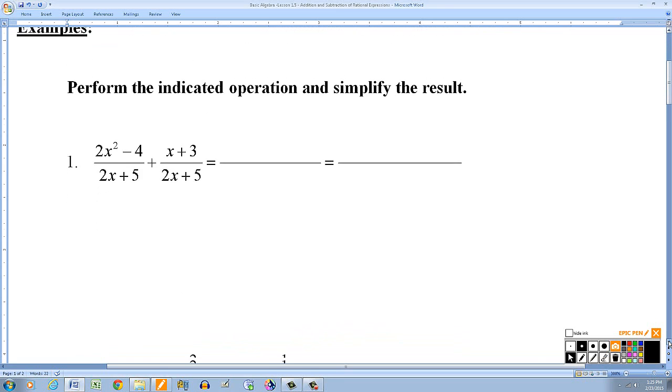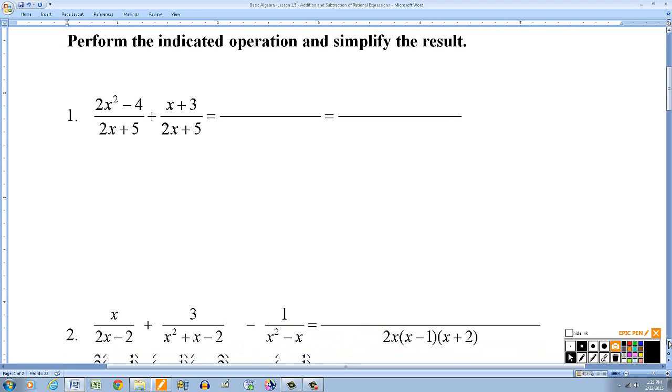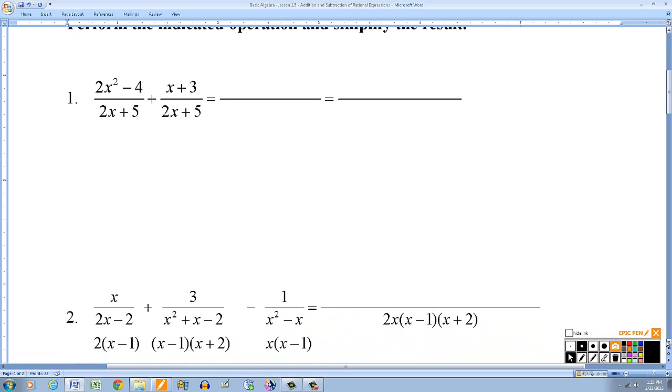And the next one, we have the rational expression x over 2x minus 2, plus 3 over x squared plus x minus 2, minus 1 over x squared minus x. So again, in order to find the LCM, or in this case LCD, we want everything in the denominator factored out.